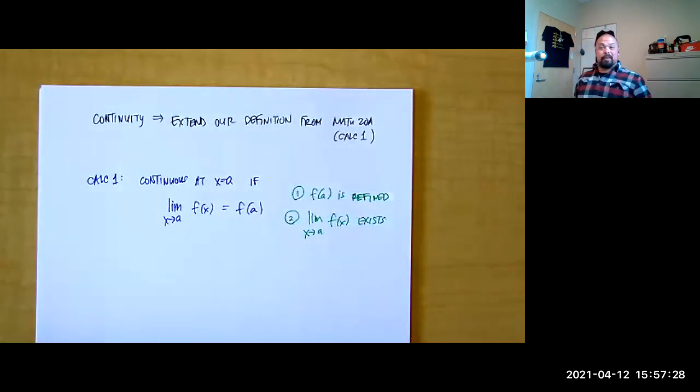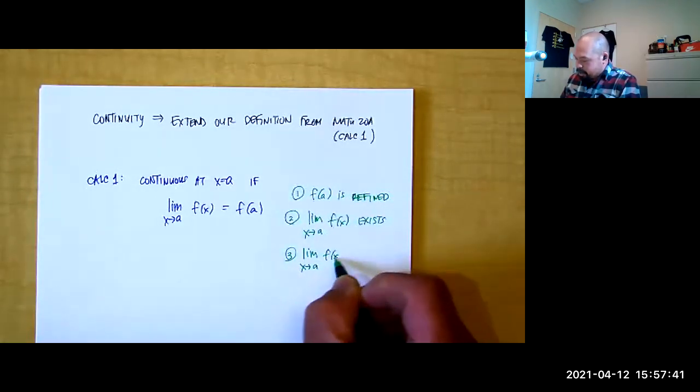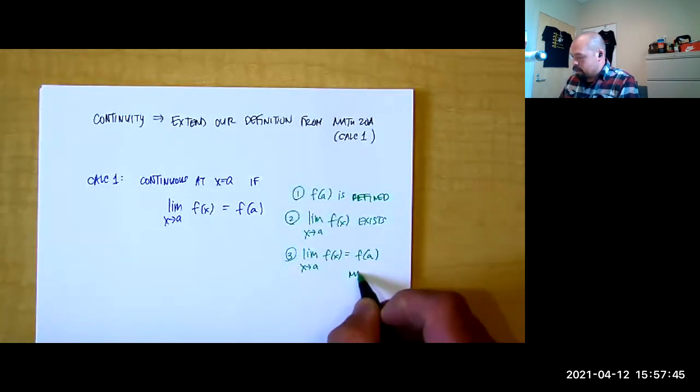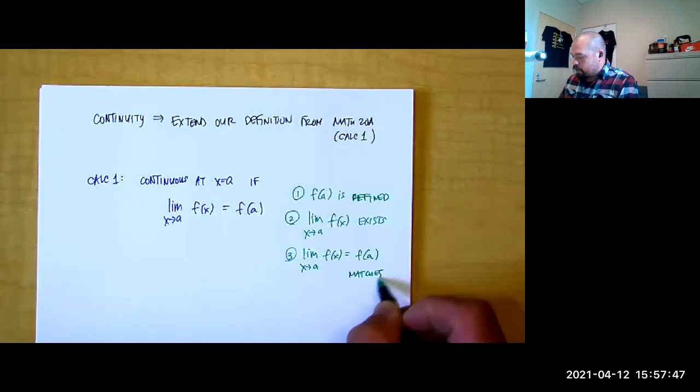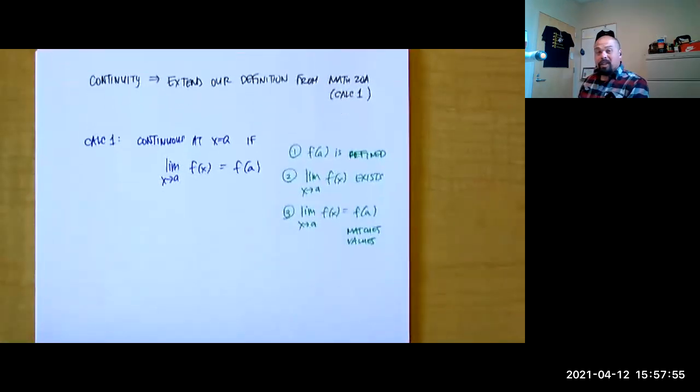So that's the work we had just completed for multivariable functions: no matter which direction, what path we're on, we're approaching the same value. And then lastly, that limit indeed matches the value of the function, right? That's what we did back in Math 20A, first semester calculus.